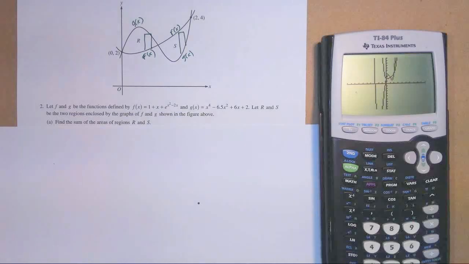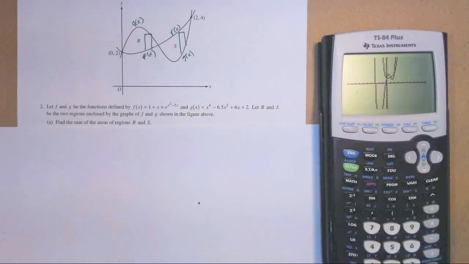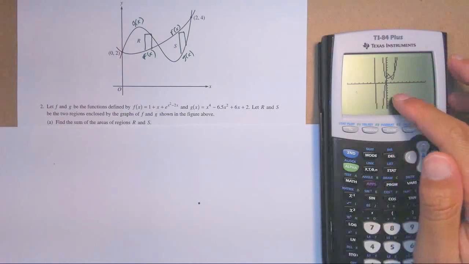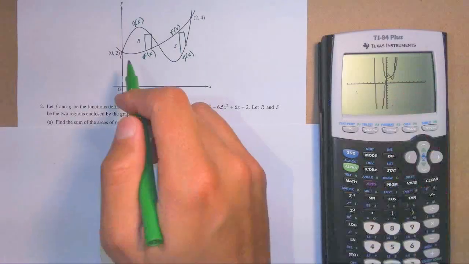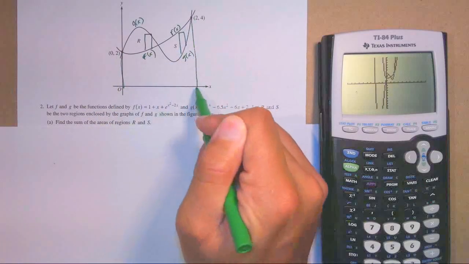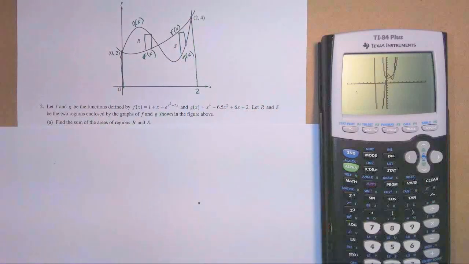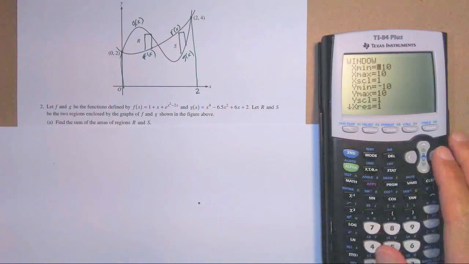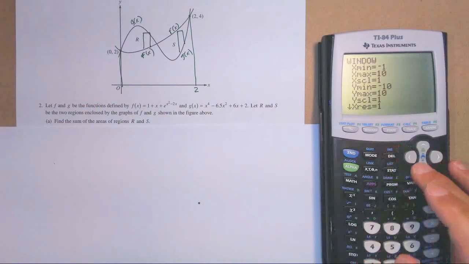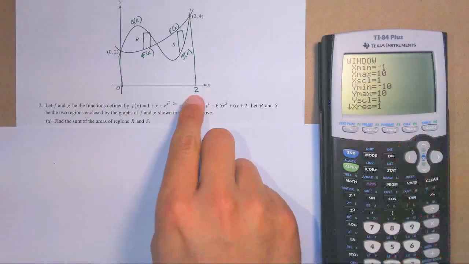Okay, so once you have that, your next step is to figure out, this is really zoomed out on our graphing calculator. You want to actually change your window, because look at it. We're finding the area from 0 all the way to the x value, which is 2. Well, I'm going to change my window on the x from a little bit left of 0, so -1, and then for my x max, I'm going to change it a little bit more than 2, which is 3.